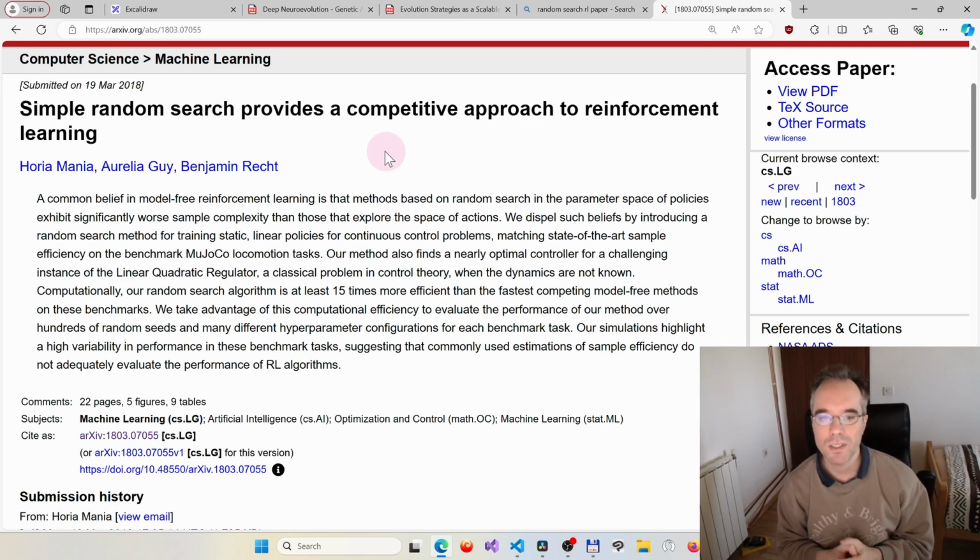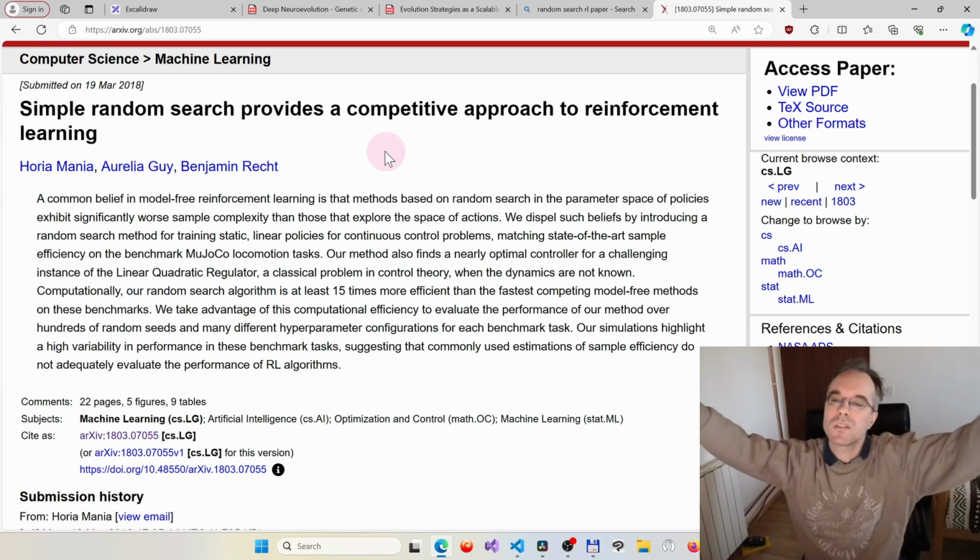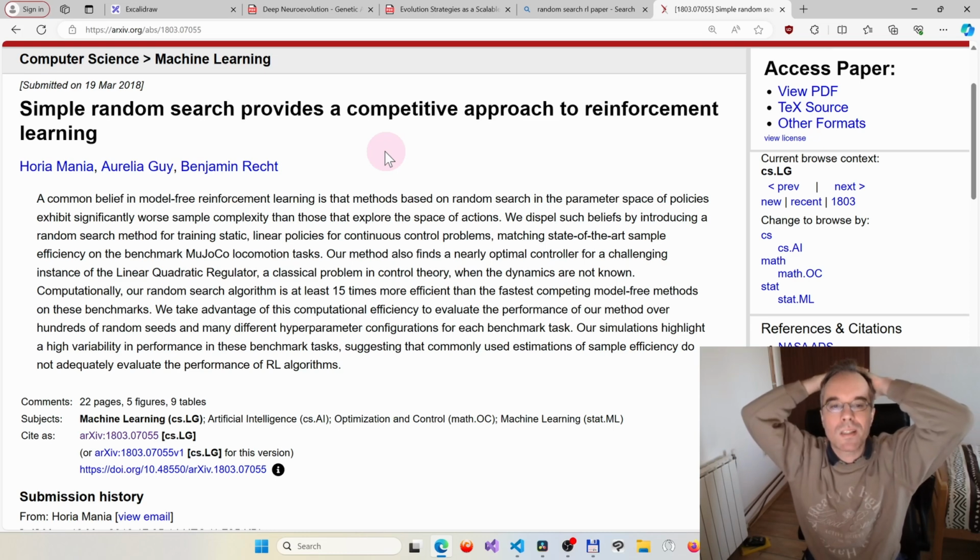We take advantage of this computational efficiency to evaluate the performance of our method over hundreds of random seeds and many different hyperparameter configurations for each benchmark task. Our simulations highlight a high variability in performance in these benchmark tasks, suggesting that commonly used estimations of sample efficiency do not adequately evaluate the performance of RL algorithms.